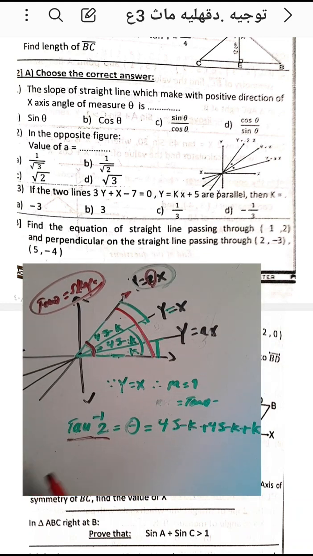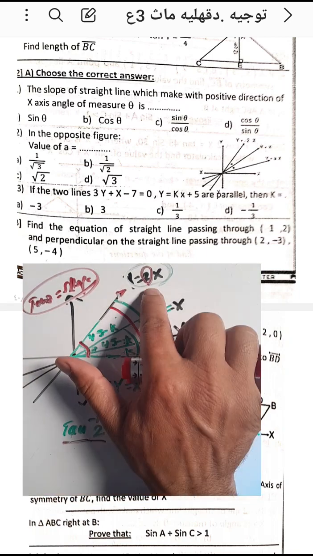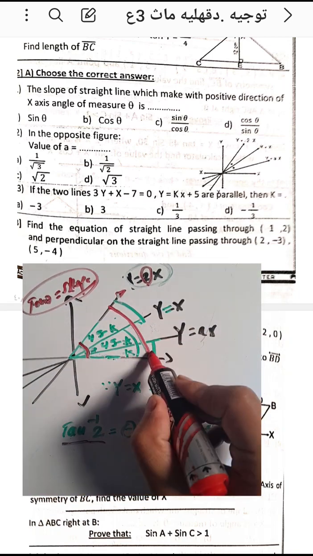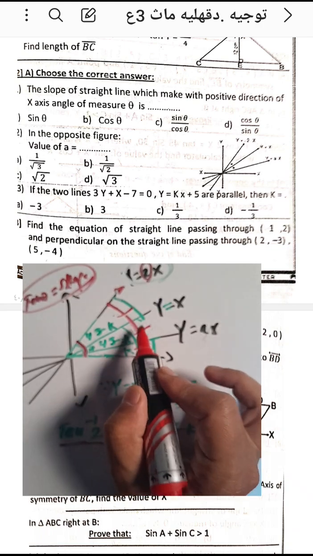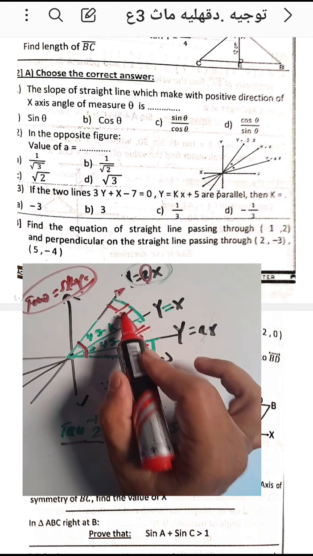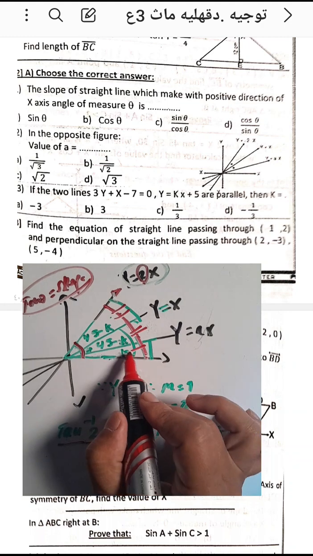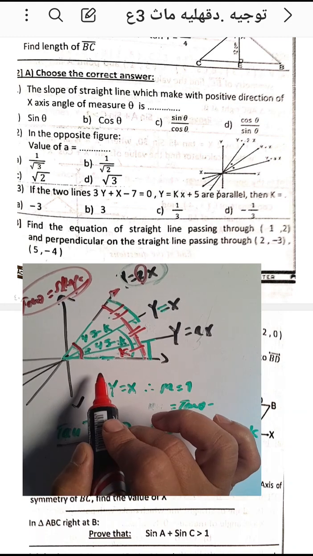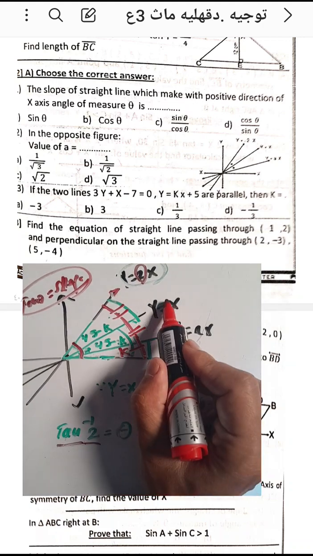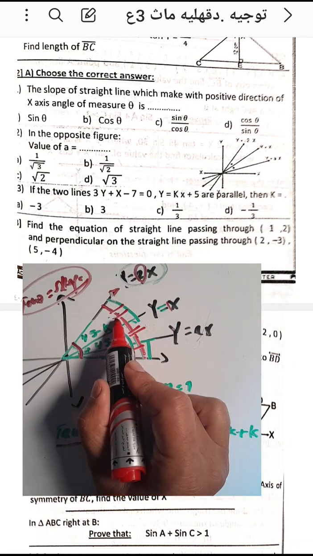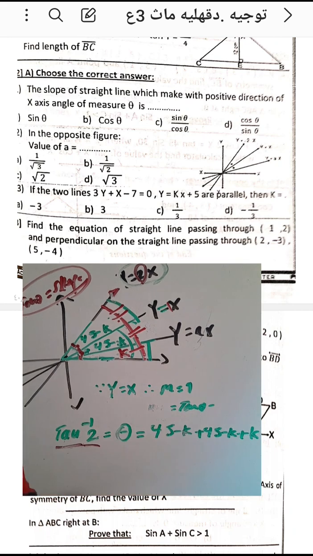Then shift tan 2 will be first angle plus second plus third, but two angles here are equal, and we put here k, and this angle will be 45 minus k because the slope here is 1, and they are equal because it tells us this angle equals this angle.